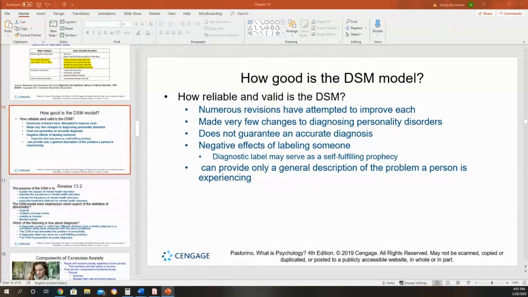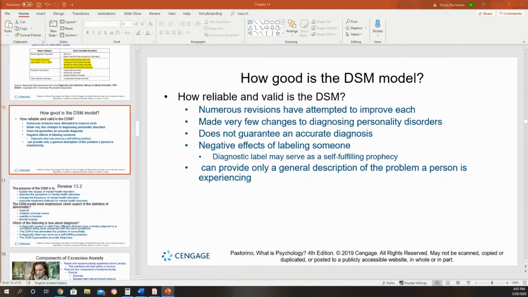Reliability is the consistency of the measurement system. So if you're using the DSM to measure an anxiety disorder, you would expect two different therapists to give a similar judgment based on those same symptoms. Across the board, it has to be consistent. And then validity is, does it do what it's intended to do?